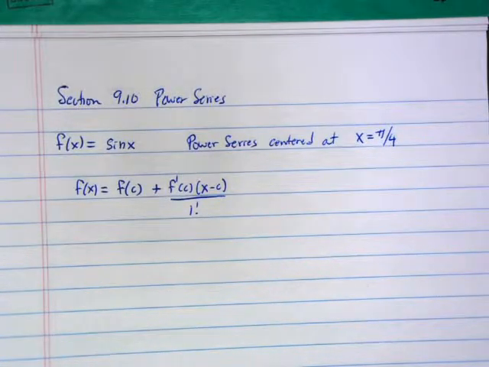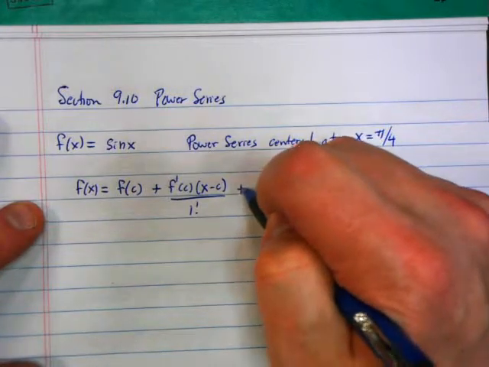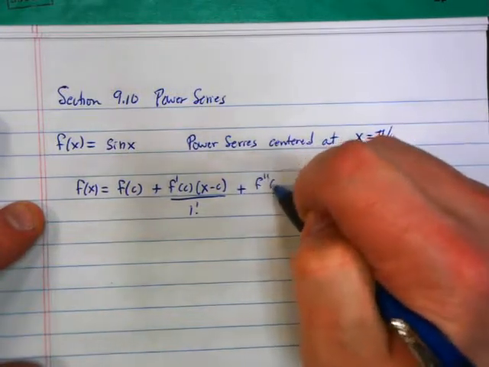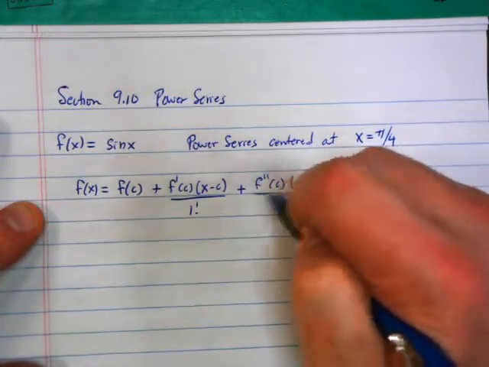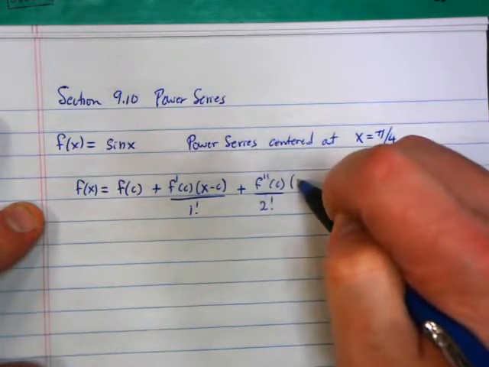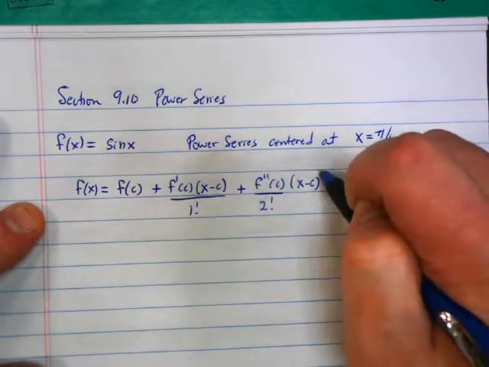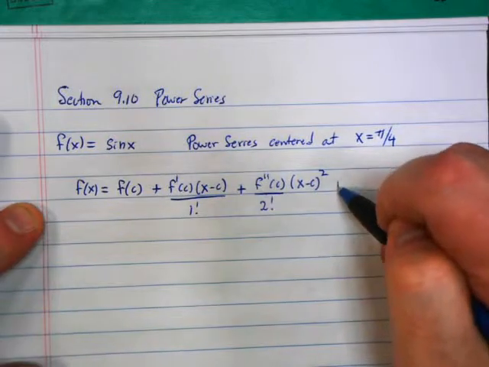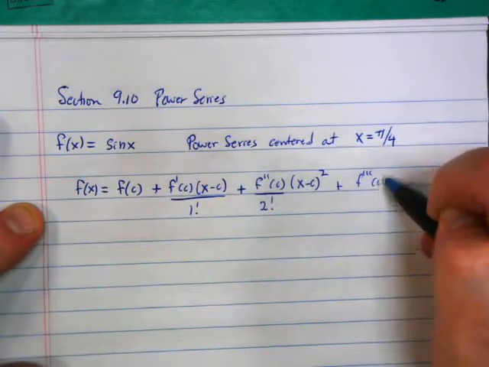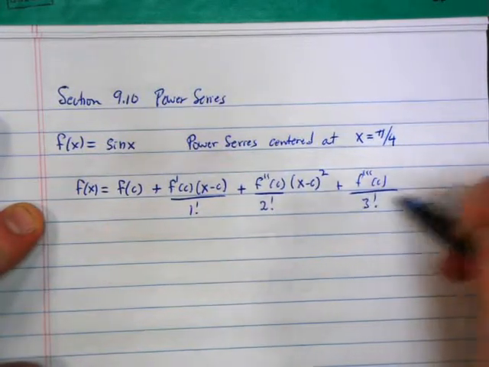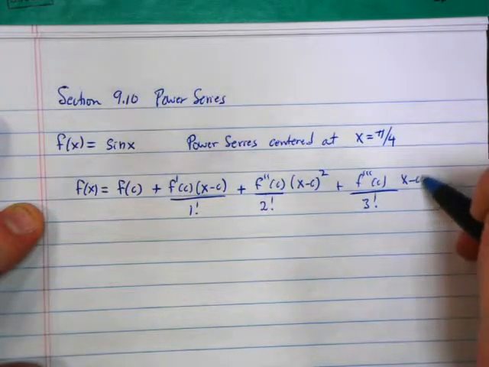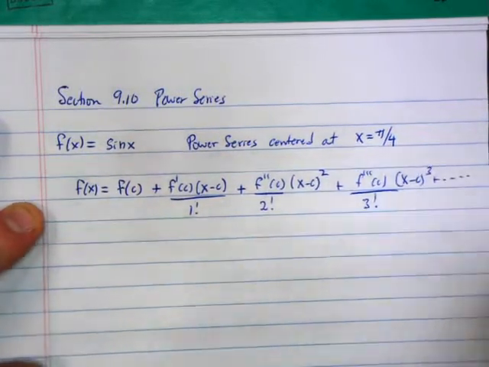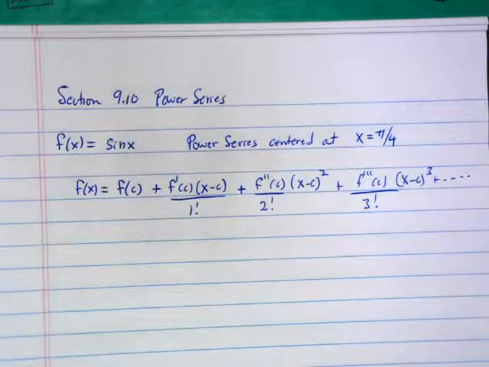And then what was the next one? F double prime at c over 2 factorial, x minus c squared. And we would keep going. Then it would be the third derivative divided by 3 factorial, x minus c cubed, plus on and on forever.